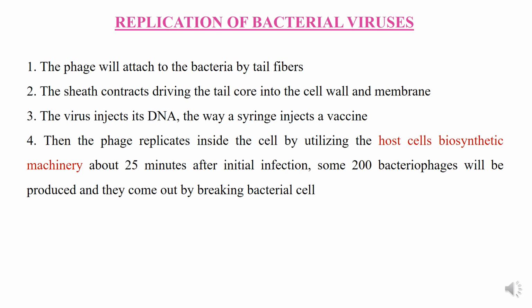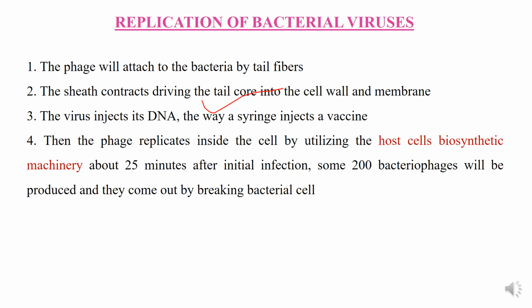Last class we discussed the bacterial cell structure, and in that the sheath is also present. The sheath contracts, driving the tail core into the bacterial cell wall and membrane. Then the virus starts injecting its DNA into the bacterial cell, like how a syringe injects a vaccine. Then the phage replicates inside the bacterial cell by utilizing the host cell's biosynthetic machinery.